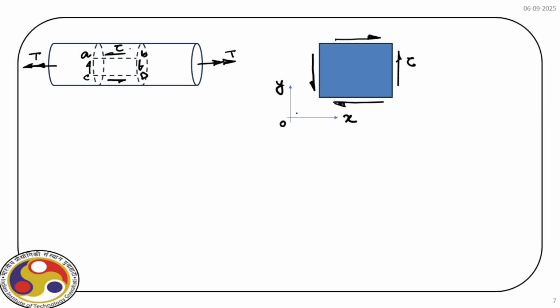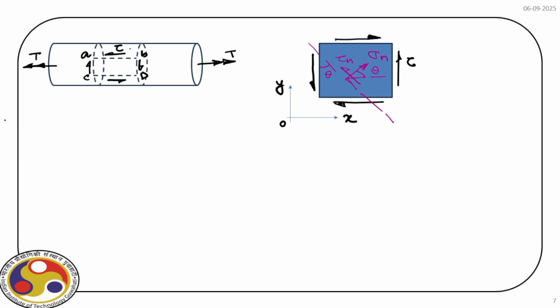Now for this pure shear case, again we can consider a plane which is at an angle, say theta, and for that again we can find out the normal and shear stress. This exercise we have done. Let us just quickly do it in case of a segment which is having pure shear, right? So this angle is theta and this is say sigma n, and we have tau n.